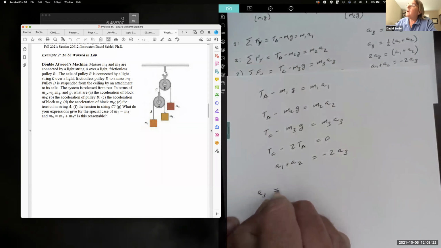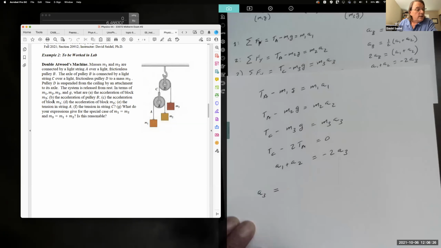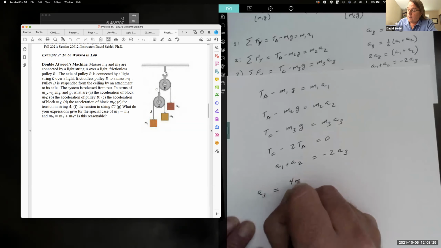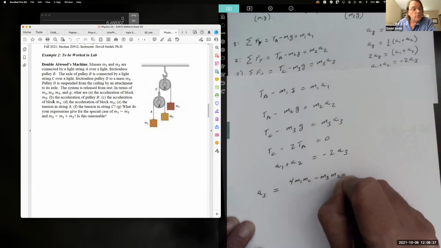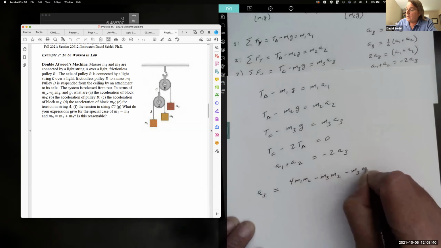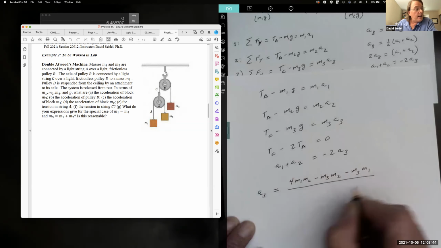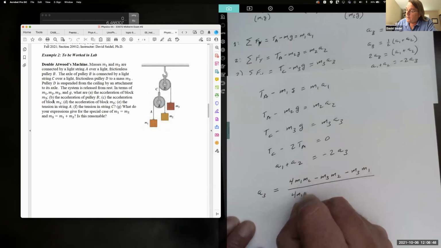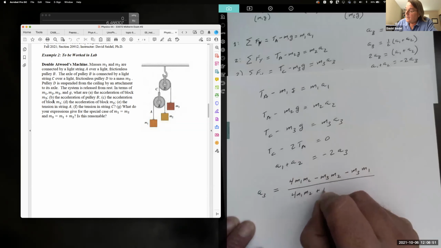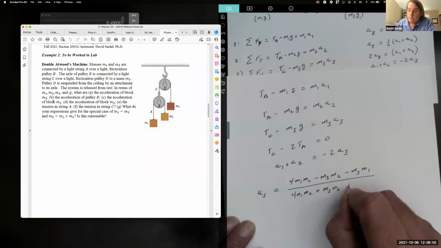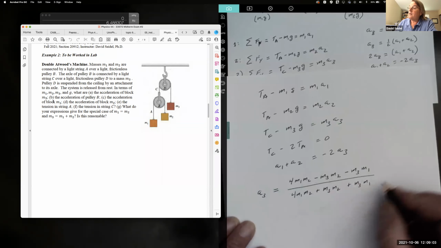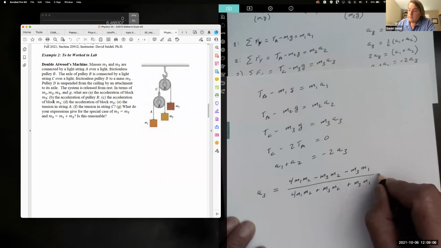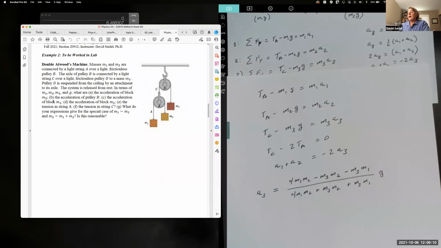If you want to work these out, I came up with 4 M1 M2 minus M3 M2 minus M3 M1, divided by 4 M1 M2 plus M3 M2 plus M3 M1, times G. Now, I should be able to do this a little bit easier than this.